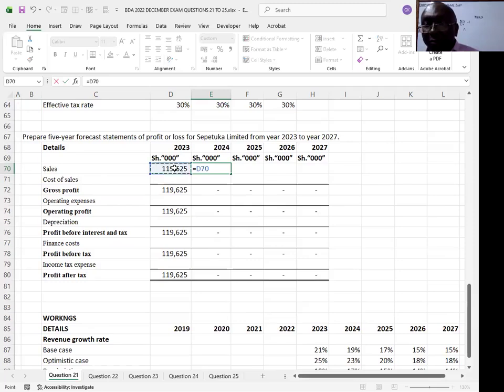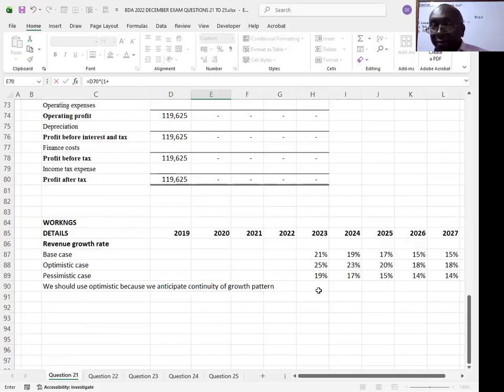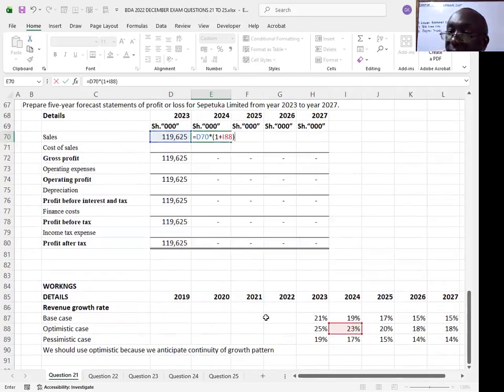We now take this one, times 1 plus, we now take this one, 23, close the brackets, press enter. Enter and tell me the figure.